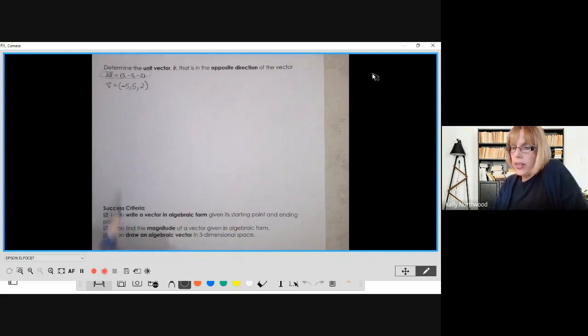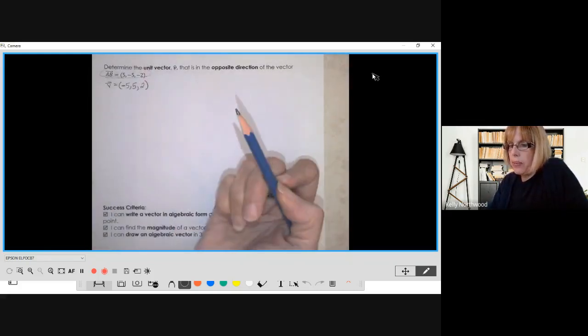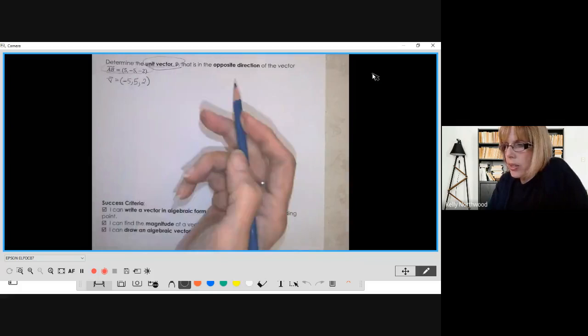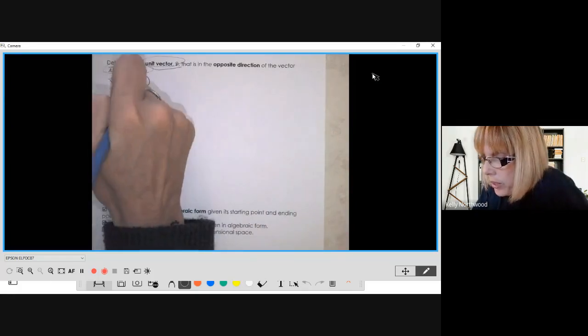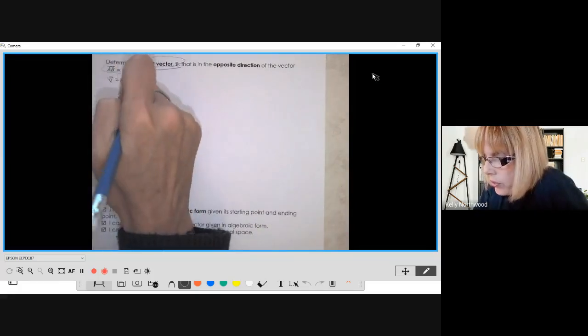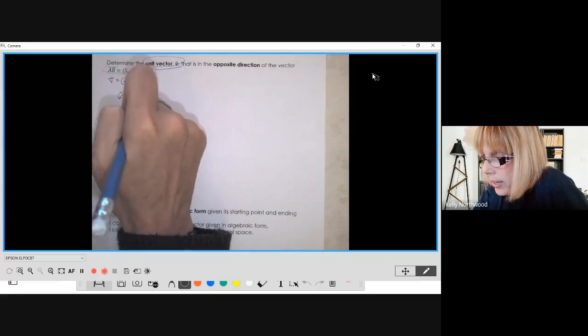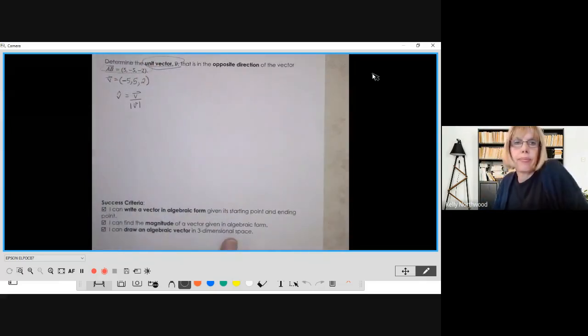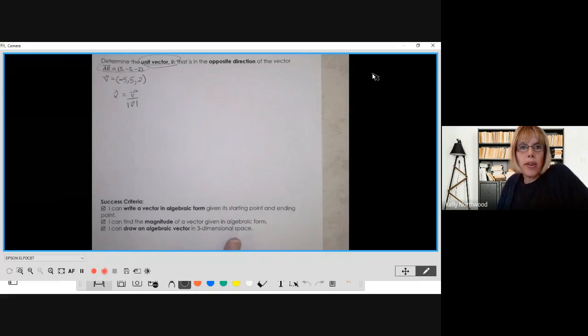So there's a vector that's the opposite direction of vector AB, but we want a unit vector. So our unit vector formula, V hat, is going to be vector V divided by its magnitude. So we take a vector, divide it by how long it is, and we'll get a vector that's 1 unit long in the exact same direction. That's the theory.